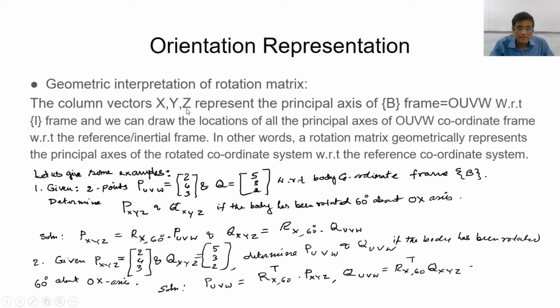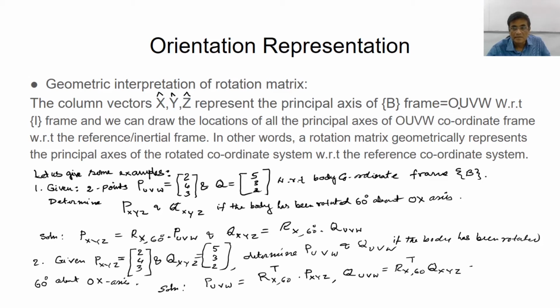The column vector of vectors, this is actually column vectors, as you have seen earlier. The vectors represent the principal axes of the body coordinate frame.